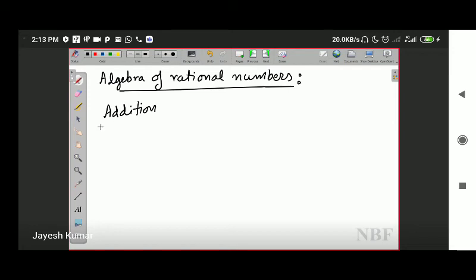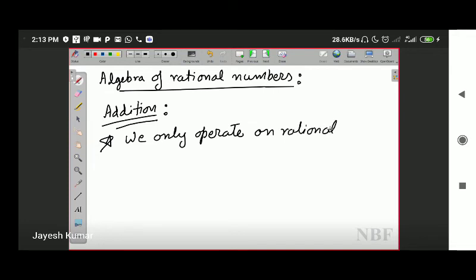Now, in order to add or subtract rational numbers or do any other operations with them, first of all, we have to keep in mind that we only operate on rational numbers in standard form.